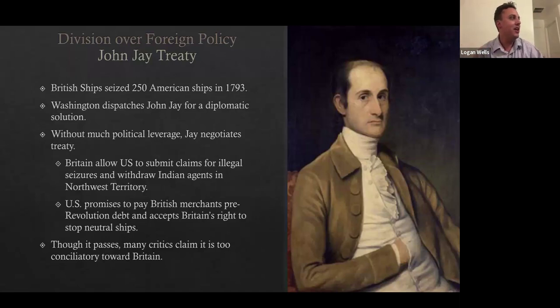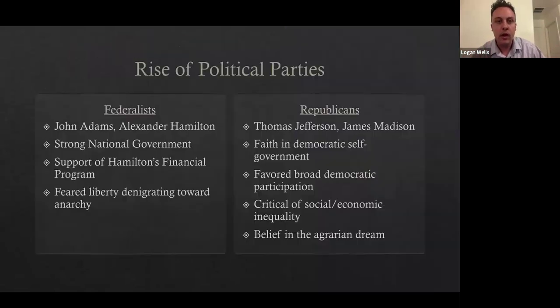He could ride at night on his horse because there were so many people lighting fires of his effigy. And so it does pass, unfortunately, right? The Federalists who were favorable towards Britain, who wanted to avoid war with Britain, passed the treaty, but many people claim it is way too conciliatory toward Britain.